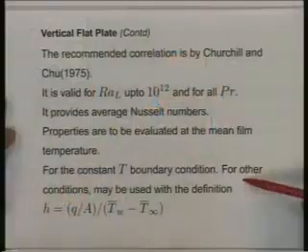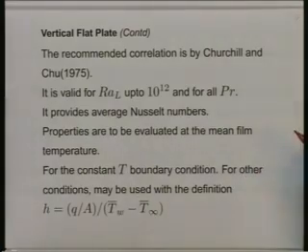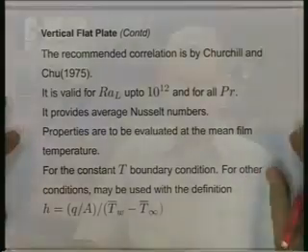However, it turns out that for other situations, say for a constant heat flux situation, we may still use the correlation. It will give you reasonably good results, provided you define the heat transfer coefficient, the average heat transfer coefficient, as the average heat flux divided by the average temperature difference.